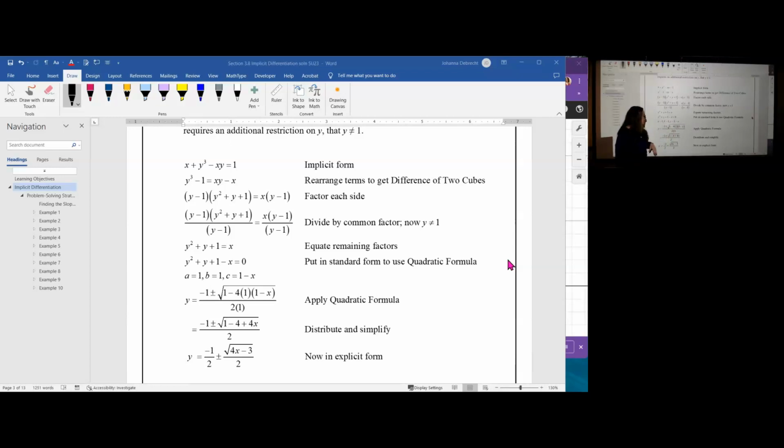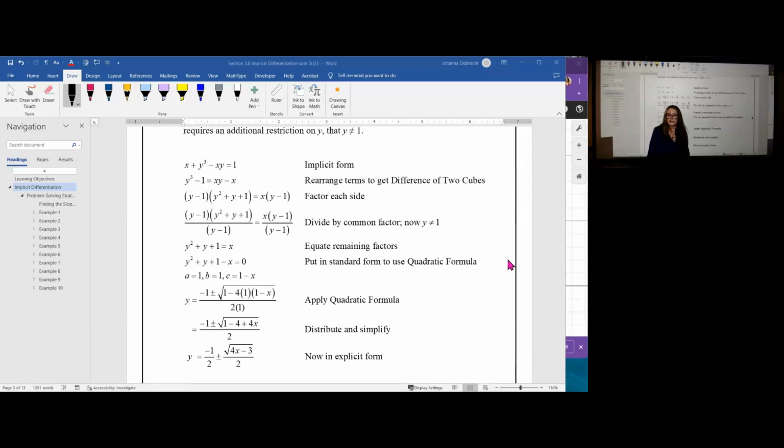It becomes 1 minus x. We apply the quadratic formula, simplify, and we get finally an explicit form of the original equation: y equals negative 1/2 plus or minus the square root of 4x minus 3, all divided by 2.